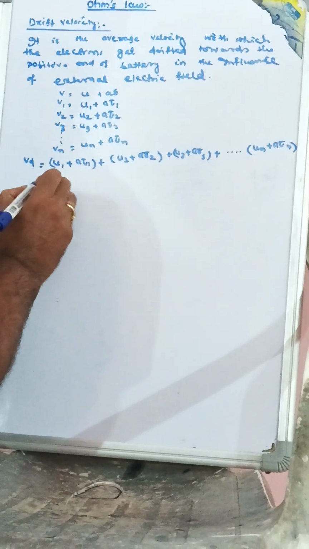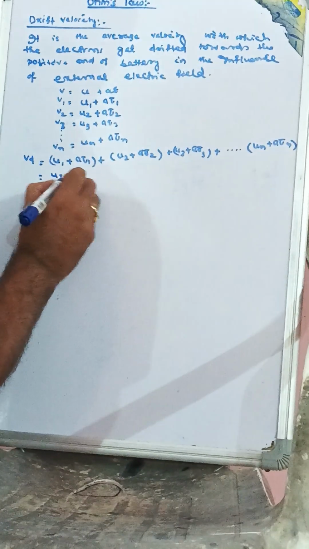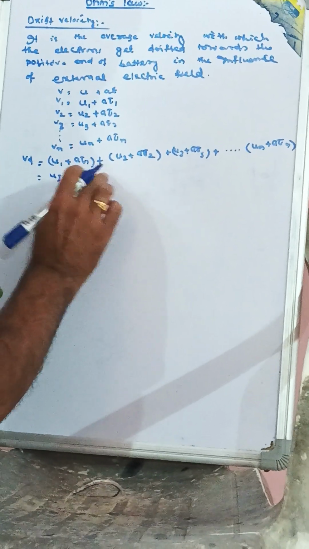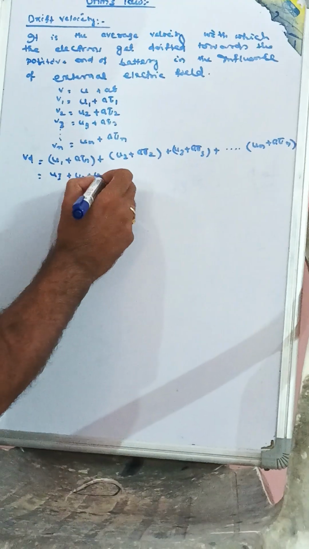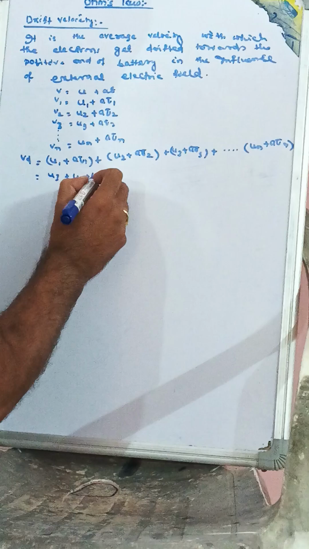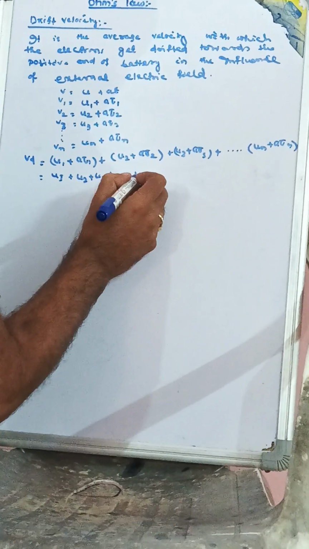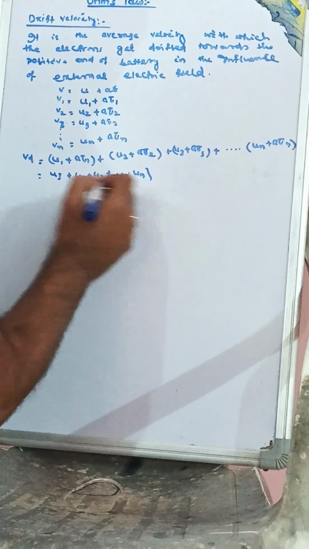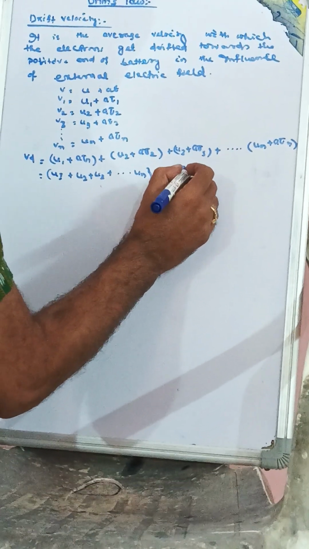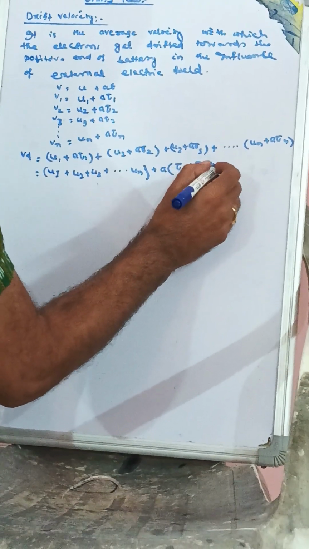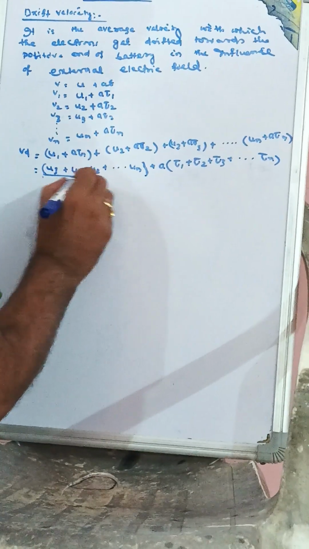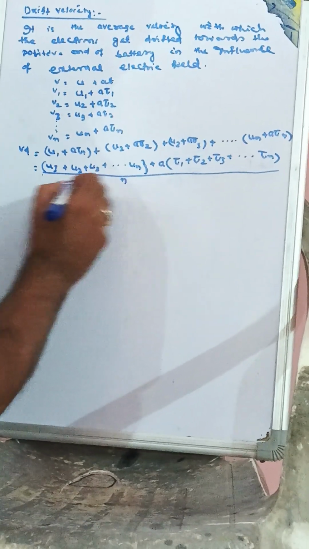We have this next step. U1 plus U2 plus U3 up to Un is one part, and another part is A times tau 1 plus tau 2 plus tau 3 up to tau n, divided by n.